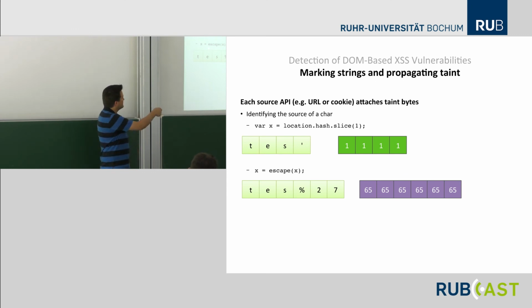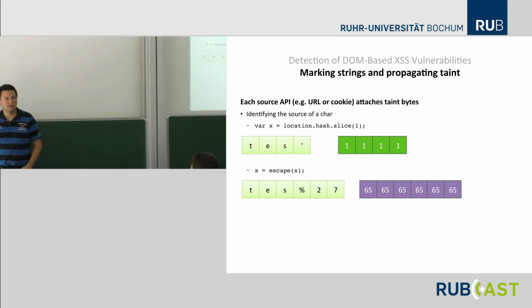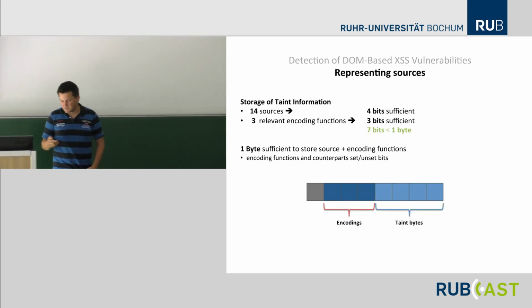And this quote through the escape function turns out to be %27 in URL encoding. So we also transform our byte or our taint information behind there. So every byte in the string gets a new byte, and we use another numerical identifier to mark that actually this was escaped. So that we went through some function that did some transformation on it, so that we still know it.